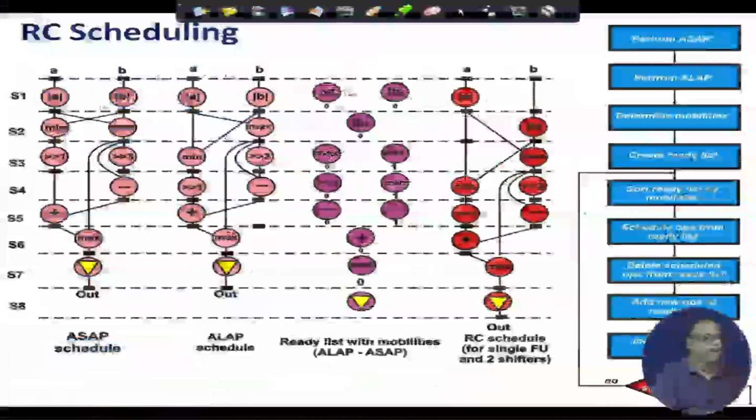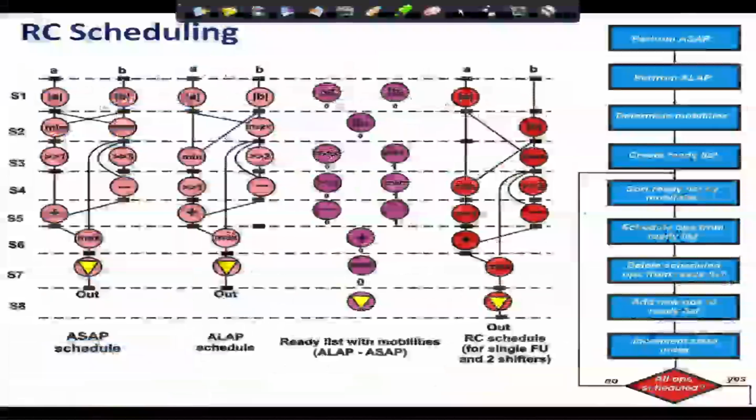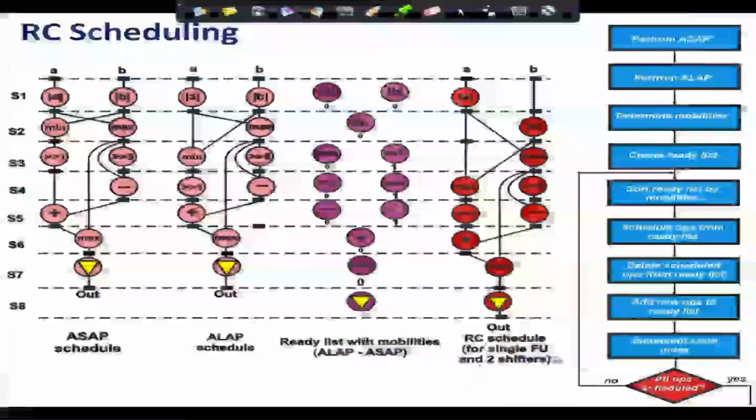The thing that I was explaining to you right now is that A and B were ready, but I scheduled A. Now, I am doing a resource constraint schedule where I have got a single functional unit, and 2 shifters, and the single functional unit is doing all the things, plus, minus, max, min, absolute computations. That is my resource constraint.